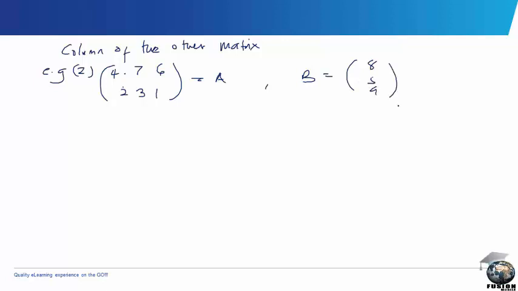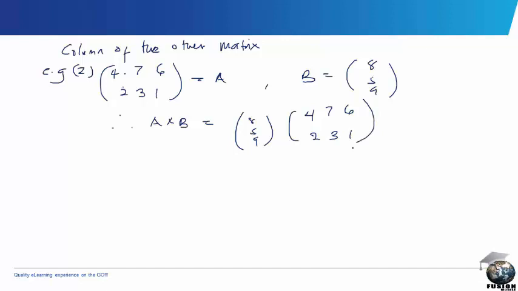For multiplication to take place, just like I said, the row of one matrix must be equal to the column of the other matrix, and so therefore we can say that A times B is equal to 8 5 9 times 4 7 6 2 3 1.